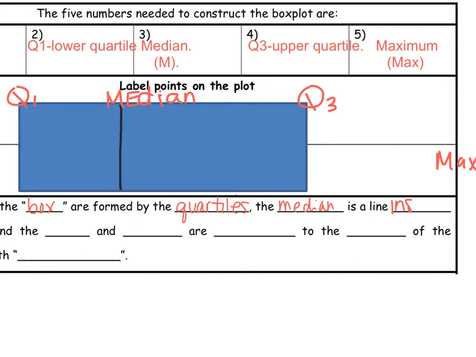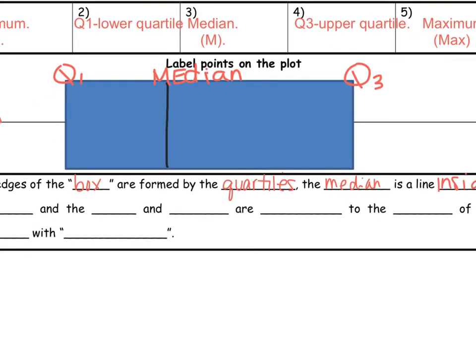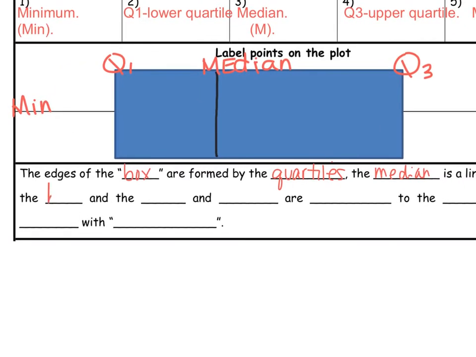So it's the line inside the box. Sorry I'm moving this around so much on you. And the minimum and the maximum are attached to the box with what we call whiskers, and they're attached to the side of the box.